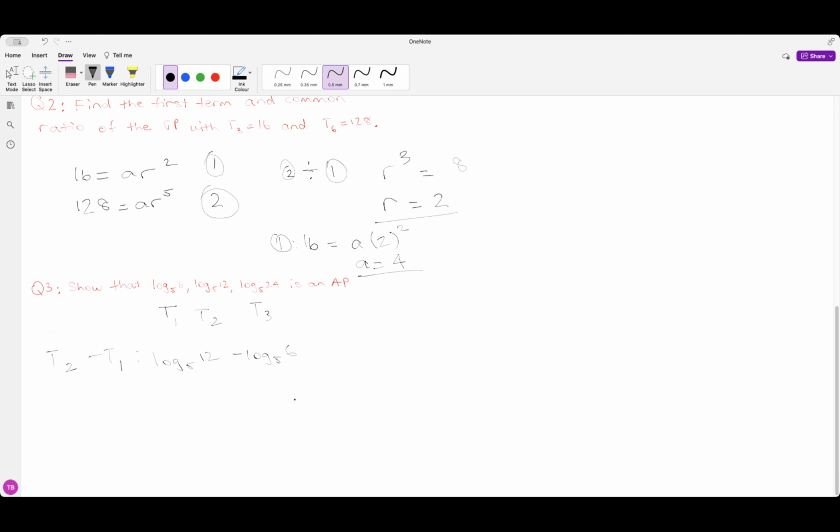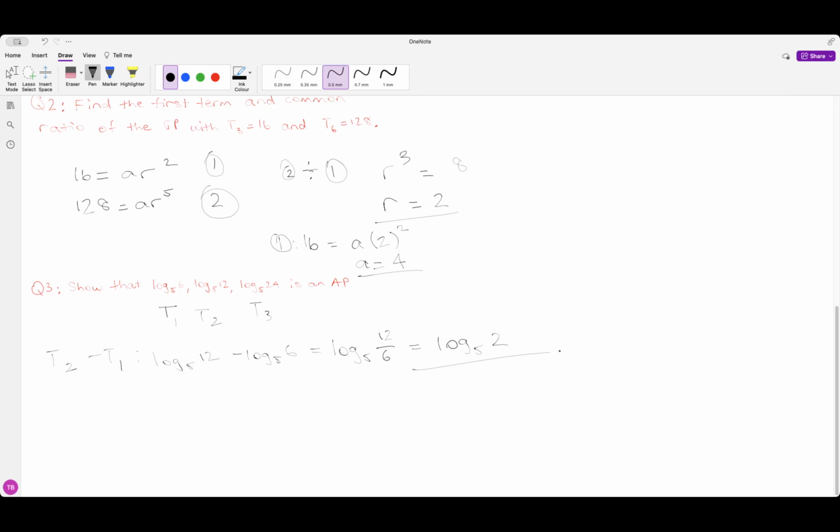And if you remember your log laws, if we have two logs with the same base and we're subtracting them, we can write this as one log with that same base, and in here is going to be the division of those two things that were inside. So in this case, 12 over 6. And in that case, we're going to get log base 5 of 2. So that's the common difference between those first two terms.